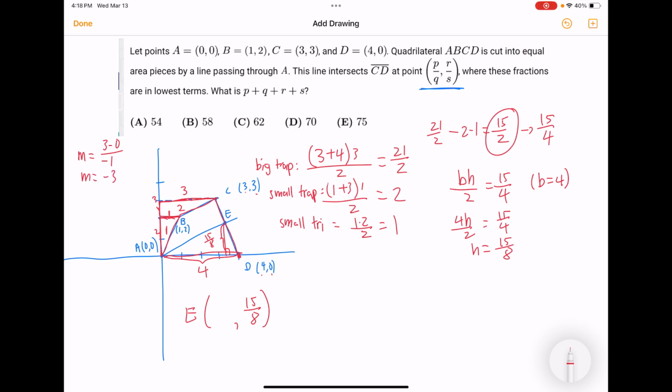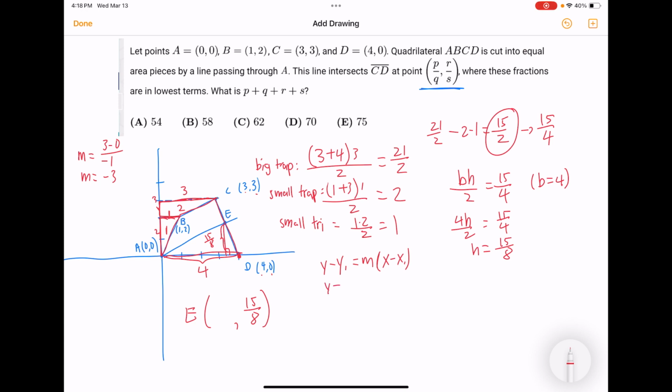There are many methods to find out the equation for a line, but we're just going to use the point slope form, and that is y minus y sub 1 is equal to the slope m times the quantity of x minus x sub 1.